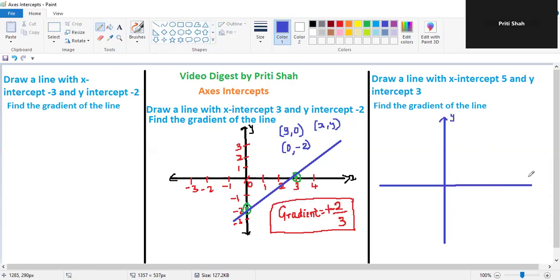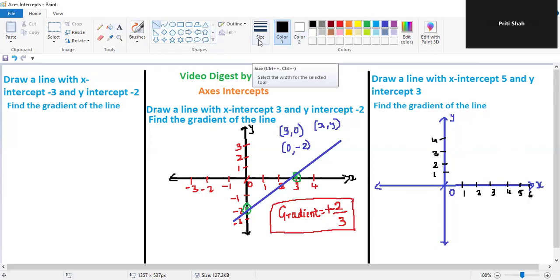This is y. This is x. Now x-intercept is 5, so starting here is 0. Let's write down 1, 2, 3, 4, 5, 6, and so on. Y-intercept is 3, so let's write here 1, 2, 3, 4. I didn't take negative values because we are going to x-intercept and y-intercept.